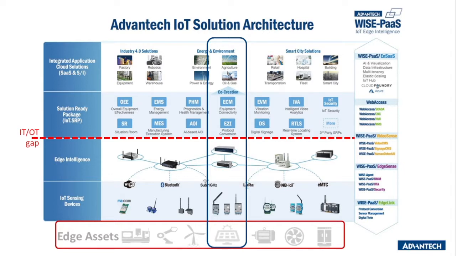This creates silos or localized systems, and that creates the IT-OT gap, shown as a dashed line on the slide. This complicates the application design at the higher level. And eventually this leads to the next hurdle for solution developers: the solution they created cannot be easily scaled with the expansion of the edge data network.